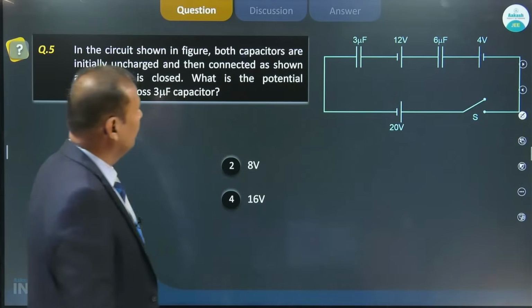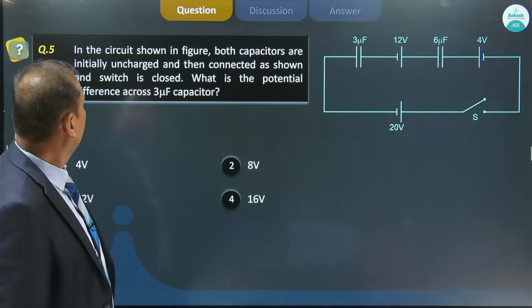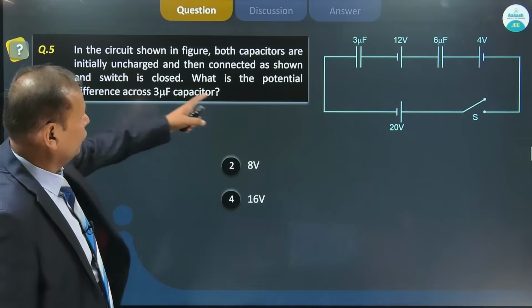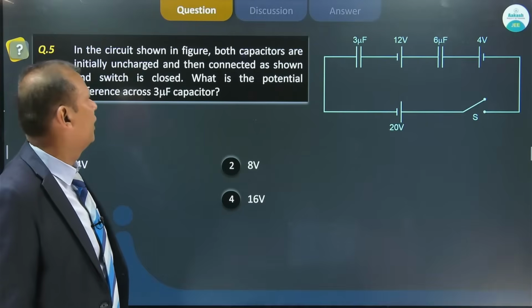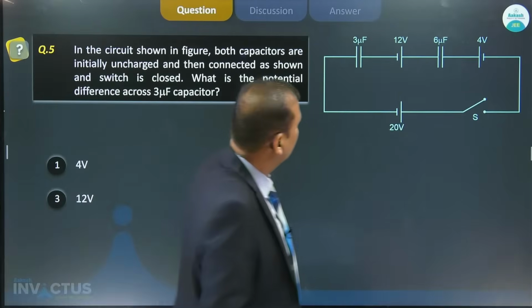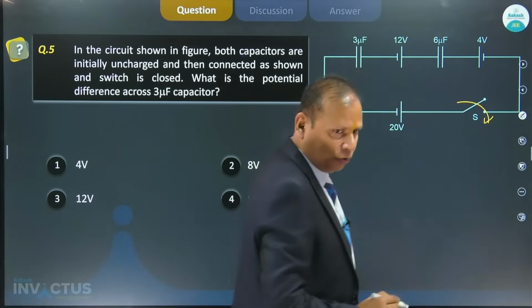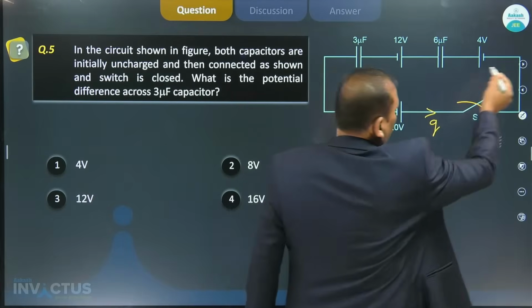In the circuit shown in the figure, both capacitors are initially uncharged and then connected as shown and the switch is closed. What is the potential difference across the 3 microfarad capacitor? So the initial charge is 0. Close the switch. Consider charge Q flows.